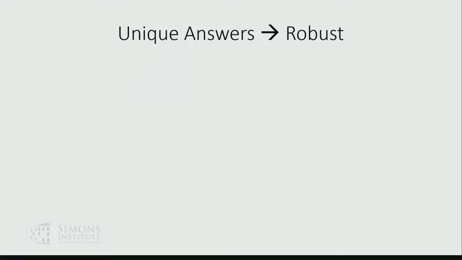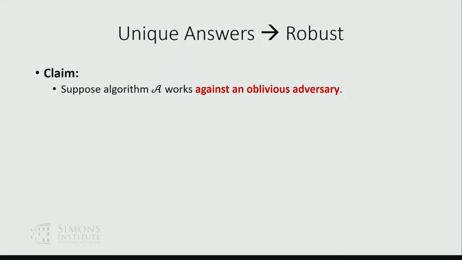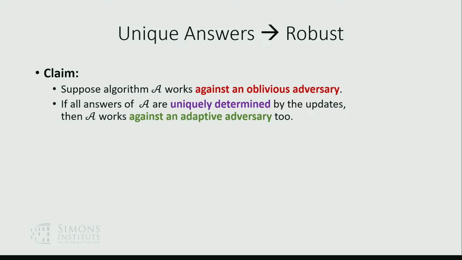So unique answer implies robustness. What do I mean by that? I mean that suppose you promise that your algorithm works against an oblivious adversary, but actually, the whole sequence of answers from this algorithm is uniquely determined by the whole sequence of updates.